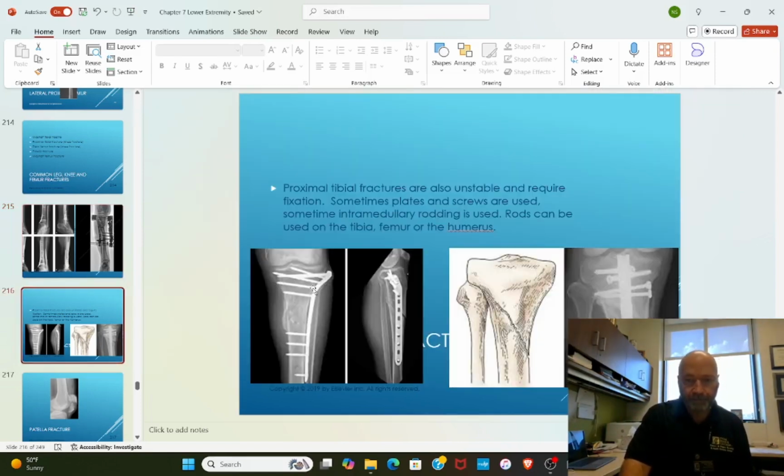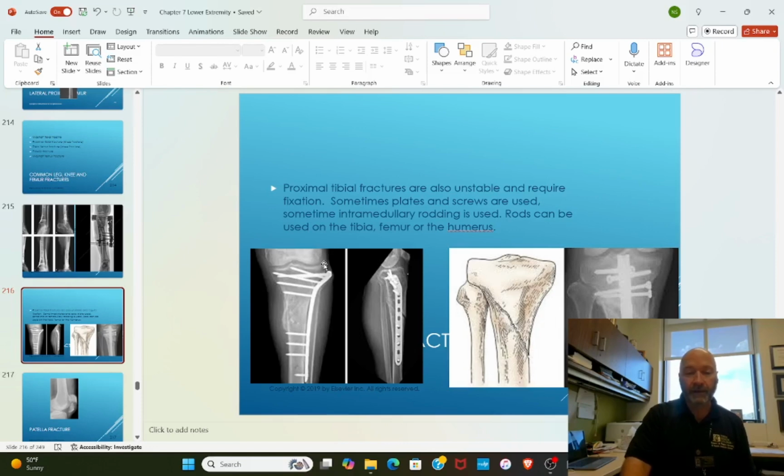So just like a hip nail, I described what a hip nail looked like earlier, with a big screw that goes up into the patient's hip and a plate that goes down beside. This is kind of the same thing for a tibia. They can do the same thing for the distal portion of the femur as well, but this is like what a hip nail would be to a tibia.